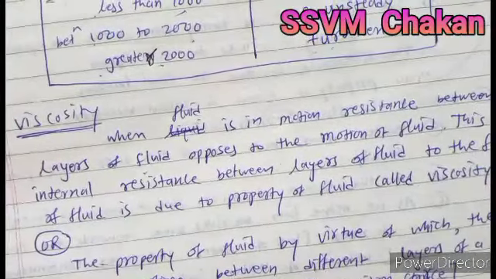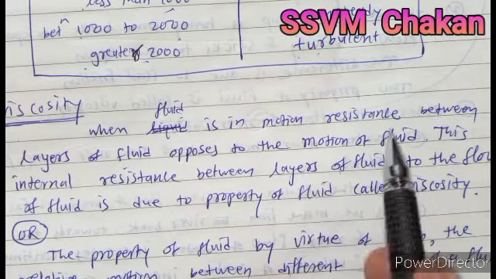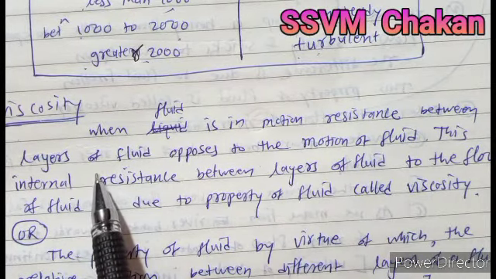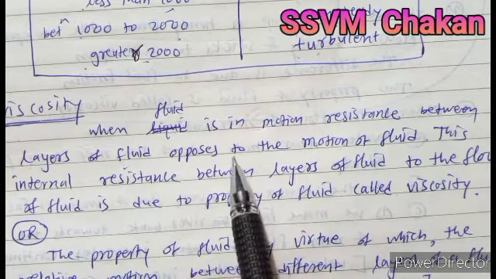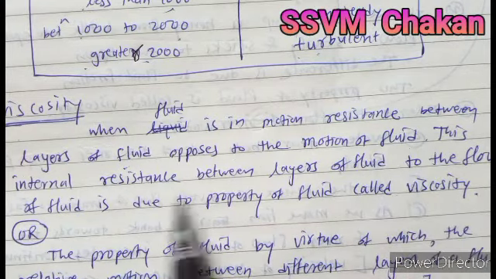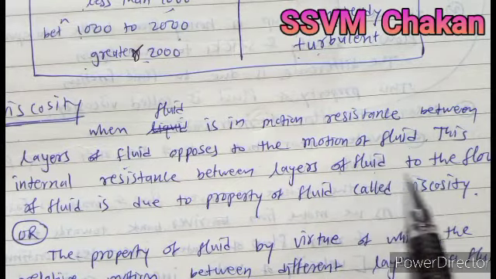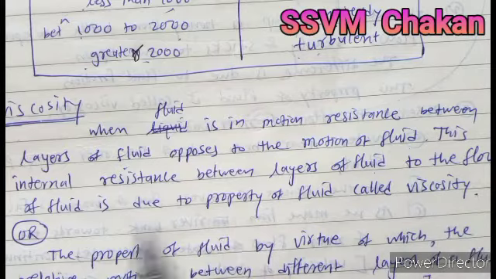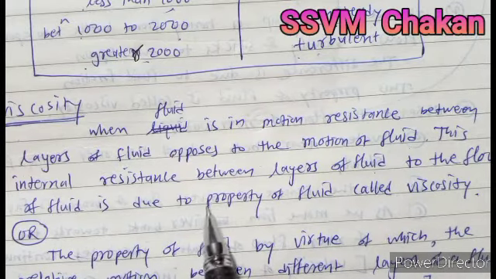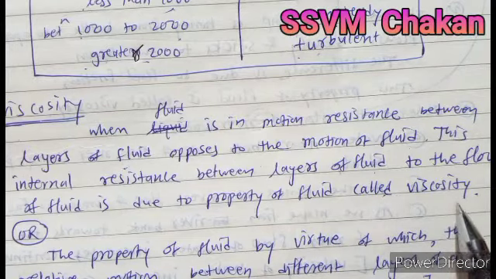Viscosity. When a fluid is in motion, resistance between the layers of the fluid opposes the motion of the fluid. This internal resistance between layers of fluid to the flow is due to a property of the fluid called viscosity.